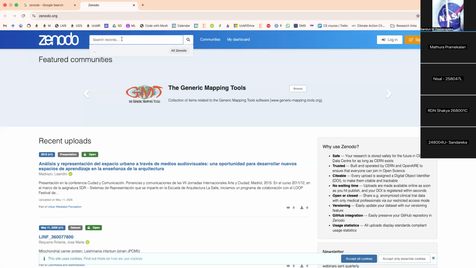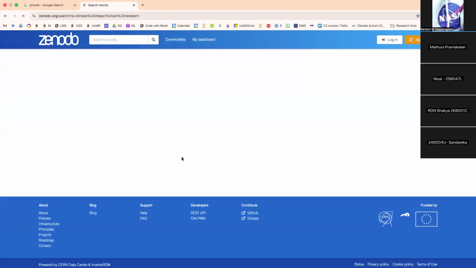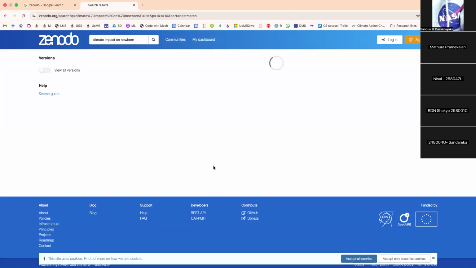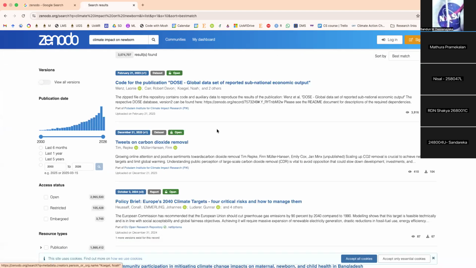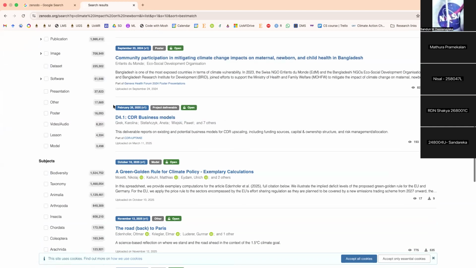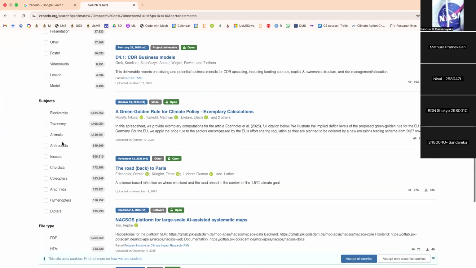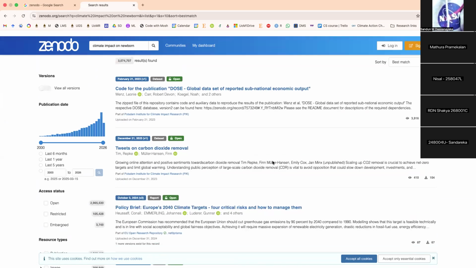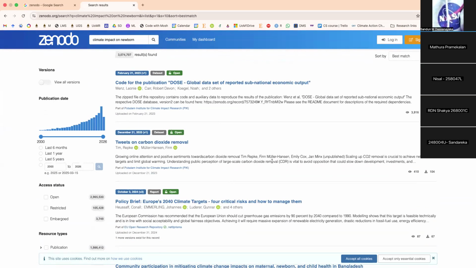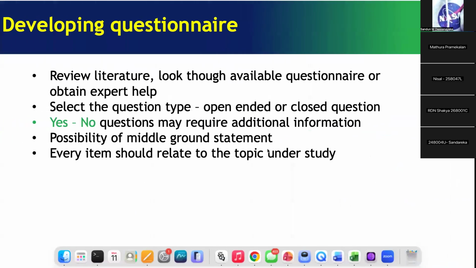You may find something related to your work, like climate impact on newborn. You can just search, and something related to your query will appear, depending on your query, of course. You can go through presentations, data sets, a lot of things are there. So please try and see how it fits your work, how it fits your needs.